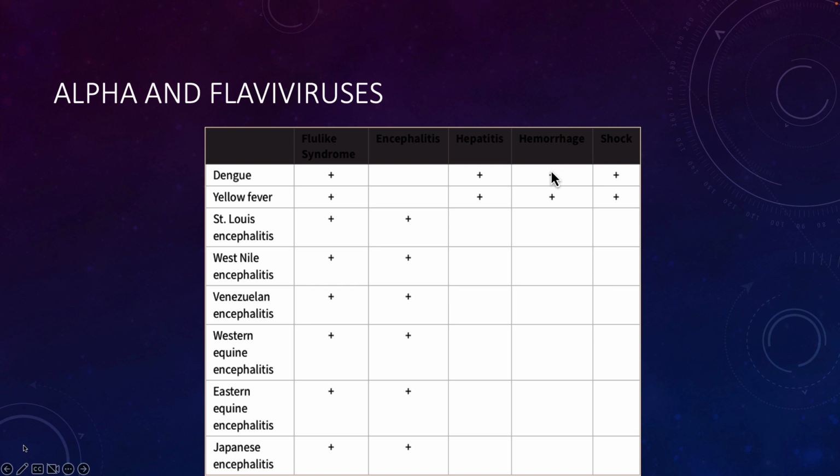They can also cause hemorrhage and shock, so they can cause lysis of blood vessels. A lot of the other alpha and flaviviruses, including things like West Nile, are more likely in a severe case to cause encephalitis rather than hepatitis, hemorrhage, or shock.